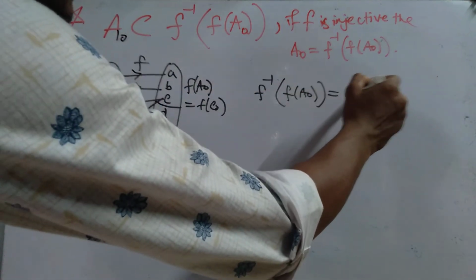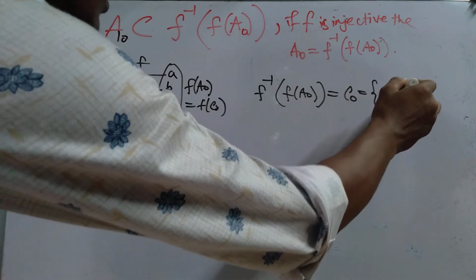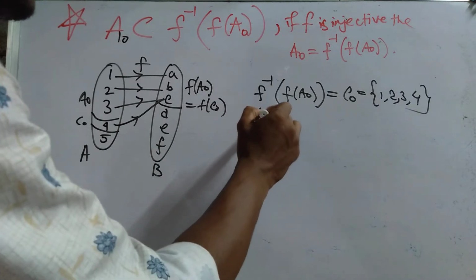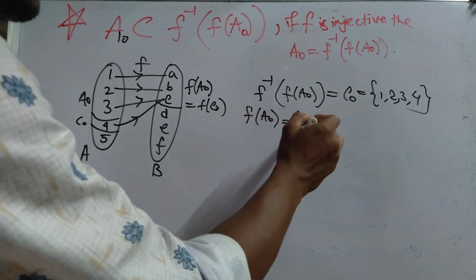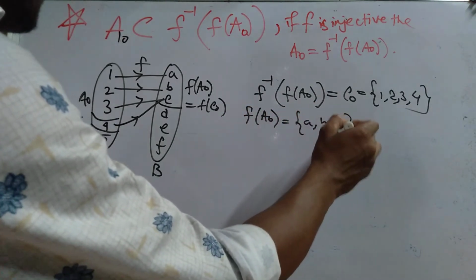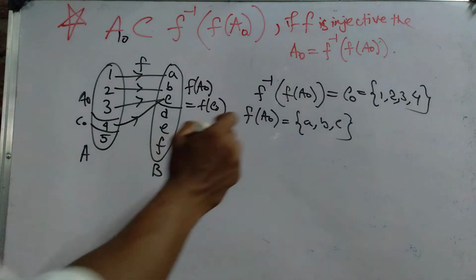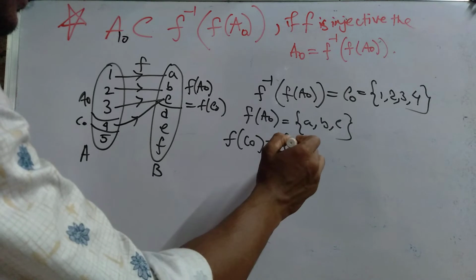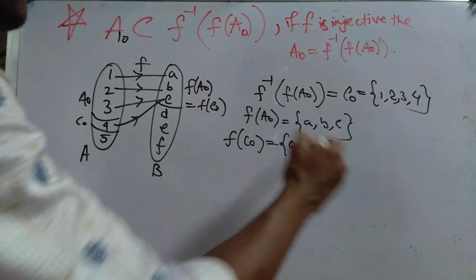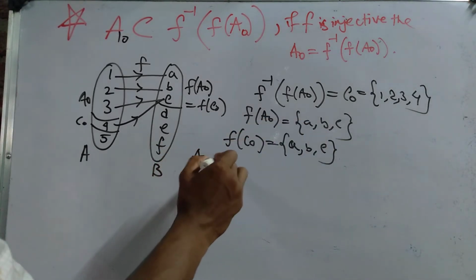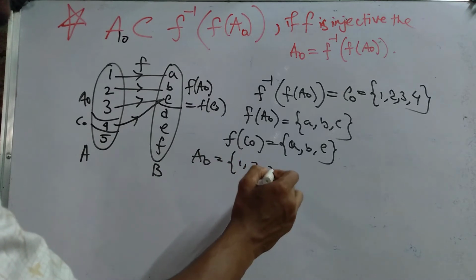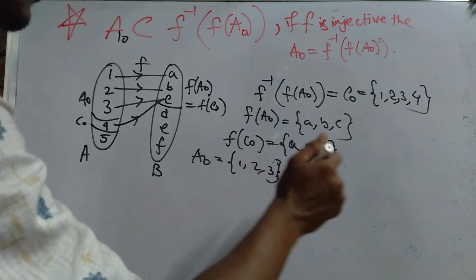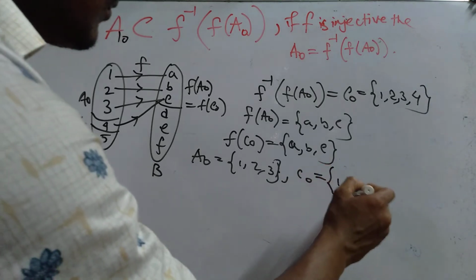C0 equals 1, 2, 3, 4, and f of A0 equals A, B, C, and f of C0 equals obviously A, B, C, where A0 equals 1, 2, 3 and C0 equals 1, 2, 3, 4.